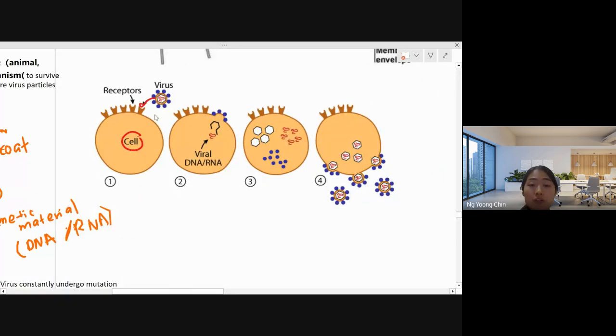So this is how the virus is able to be taken up into the cell and release its viral DNA or RNA. After the viral DNA or RNA enters inside the cytoplasm of the host cell, it will go to the nucleus of the host cell.